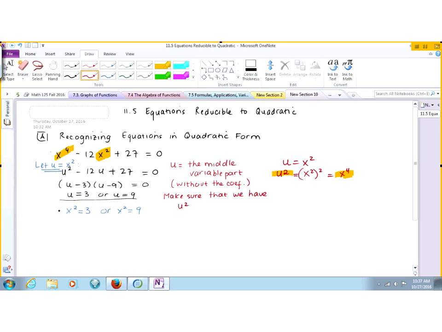We have to solve for x. Yes, square root of both sides. When I take square root, what am I supposed to do? This is not a formula. Remember, for the formula we only have the plus, but this is plus or minus. x is plus or minus square root of 3, or x is plus or minus 3.